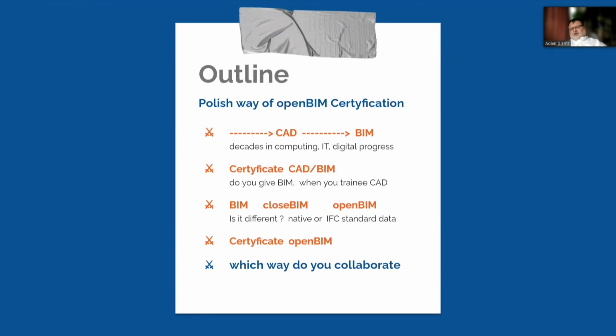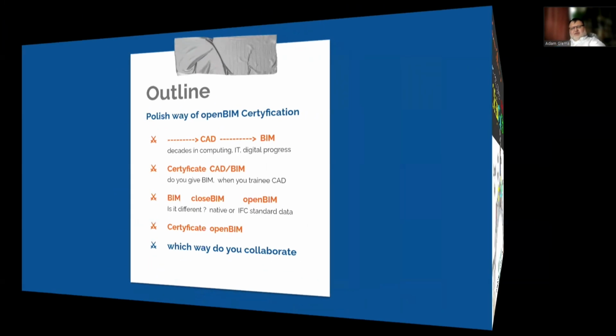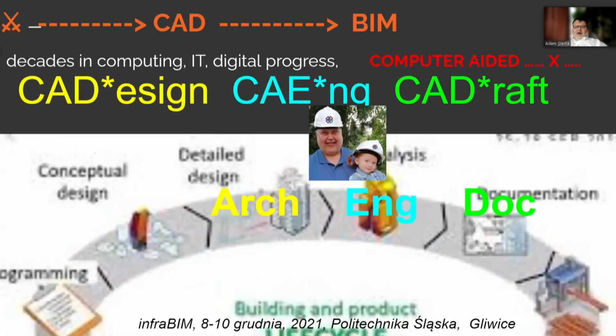To start with, this transition which we keep talking about, between CAD and BIM, and then to show you certificates which are CAD and partly BIM certificates, and mention that there is a difference between closed BIM and open BIM, and finally, examples of certificates which are open BIM certificates.